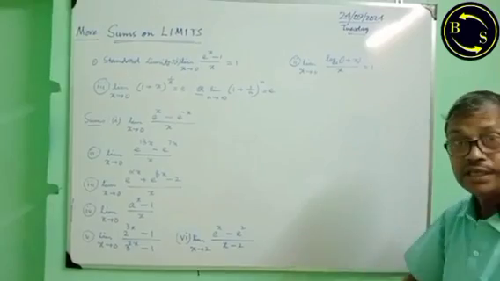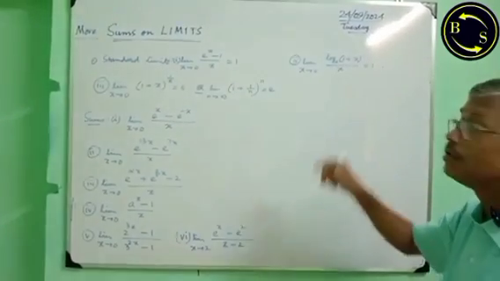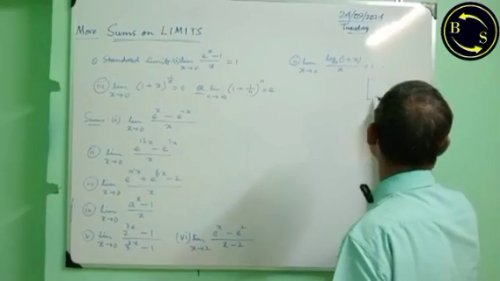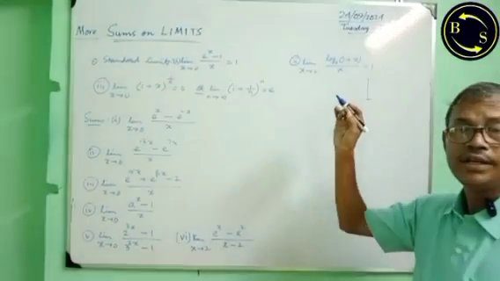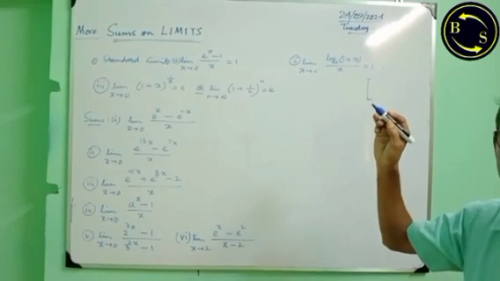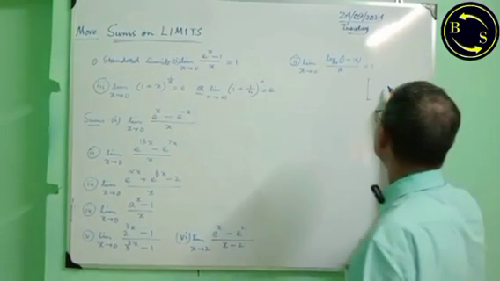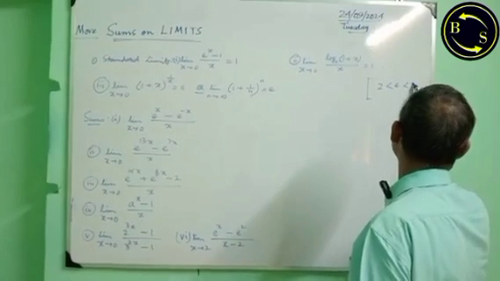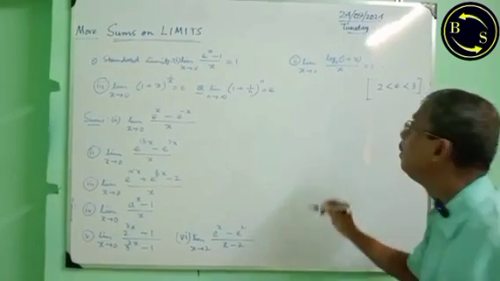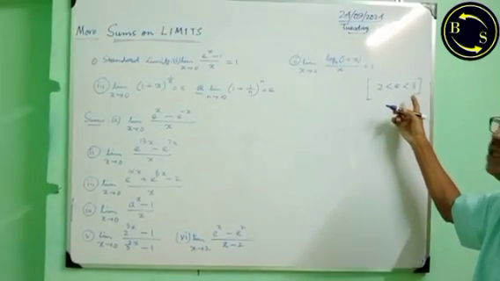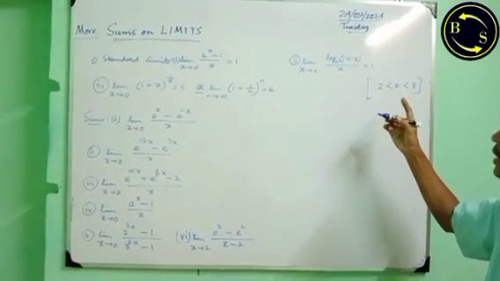Here the base is e, and the value of e, that is Eulerian constant. E is the symbol of Eulerian constant, and value of e lies within 2 and 3, an irrational number.